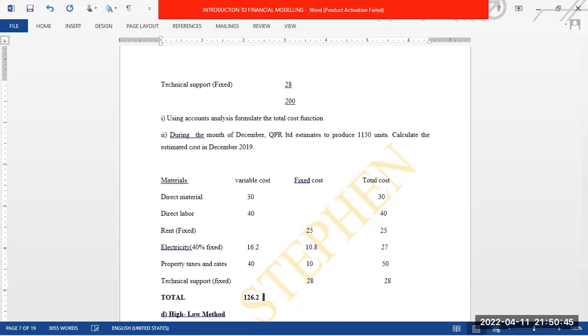So the total fixed cost, if you take 25 plus 10.8, that is 35.8, 35.8 plus 10, 45.8. Then if you add 28, you're supposed to get 73.8.